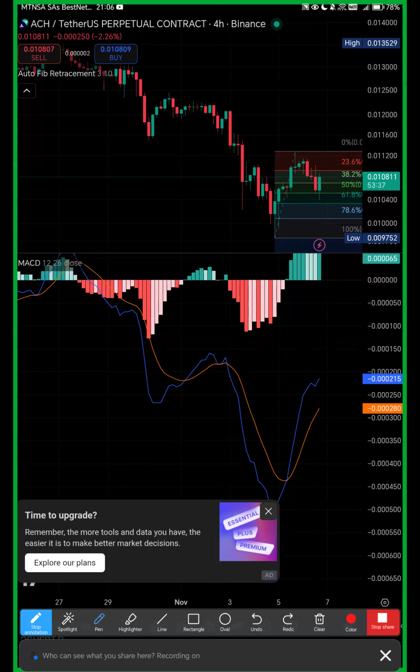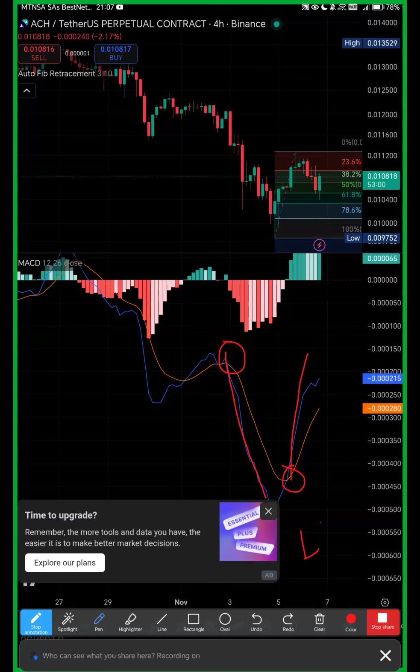So if you are trading futures, because in futures you can trade the upward movement of price as well as the downward movement of price, then if there is a death cross happening, that is an entry opportunity for you as a futures trader. If a golden cross is happening, it is also an entry opportunity for you as a long futures trader.